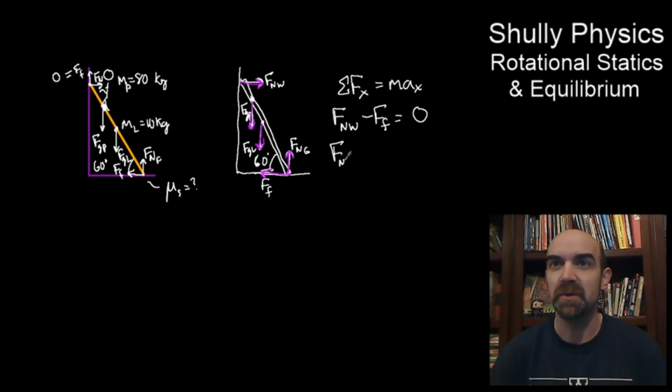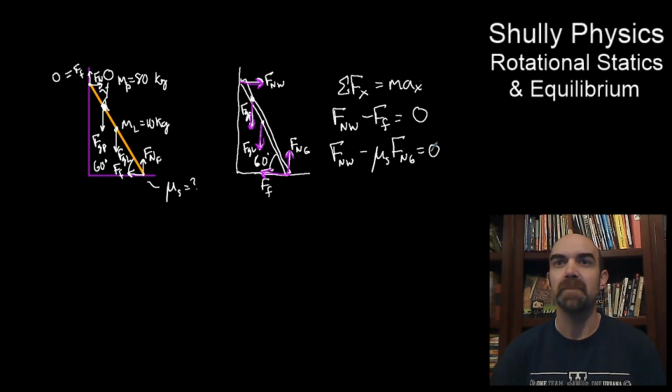Of course, we don't know anything about the normal force from the wall. But substitute, what is friction equal to? It's mu s times normal force. And that normal force would be due to the ground. So this would be the contact force for this friction force is from the normal force of the ground. That equals 0.